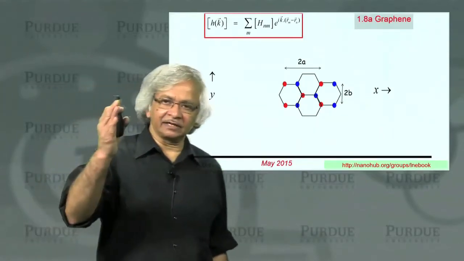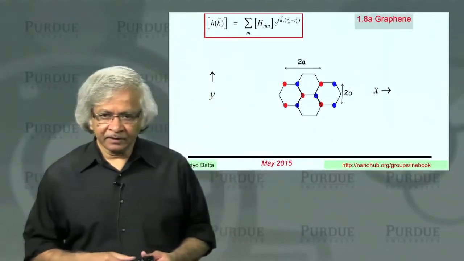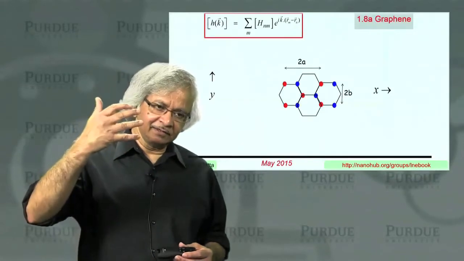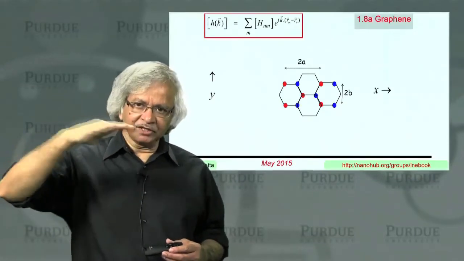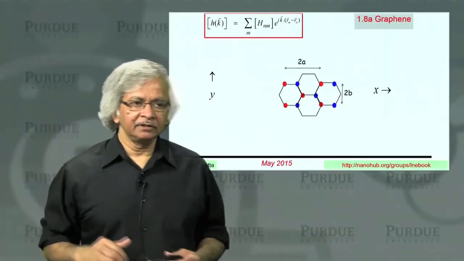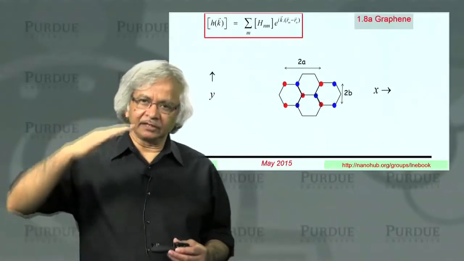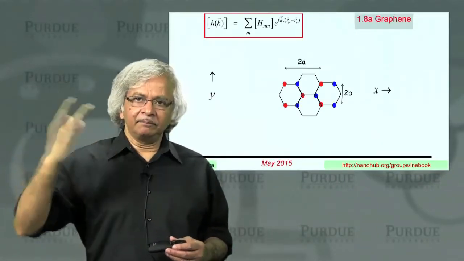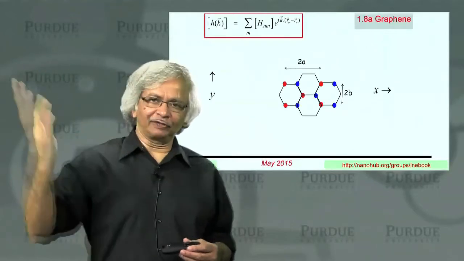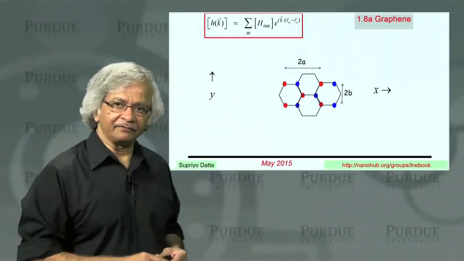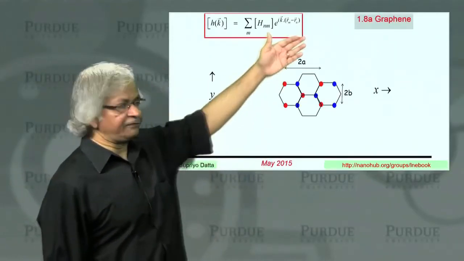Well, that's something I had explained in the introductory lecture, that graphite has these 2-dimensional layers which are weakly coupled, and this coupling is weak enough that people are able to peel off a monolayer of carbon atoms from the surface of graphite, and that's what's called graphene.